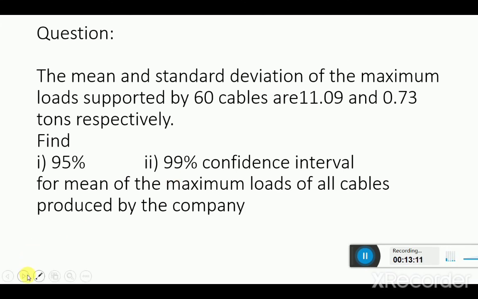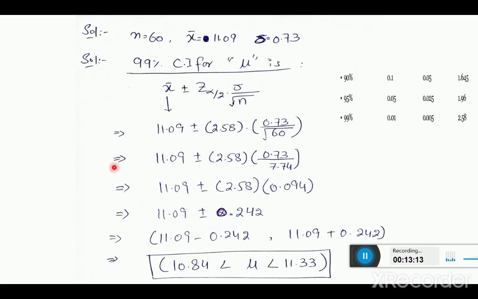Let's suppose we solve the 99% one. Here n total is 60, the average x bar is 11.09, and the standard deviation is 0.73. Put the formula: x bar 11.09 plus minus z alpha by 2 for 99% confidence.